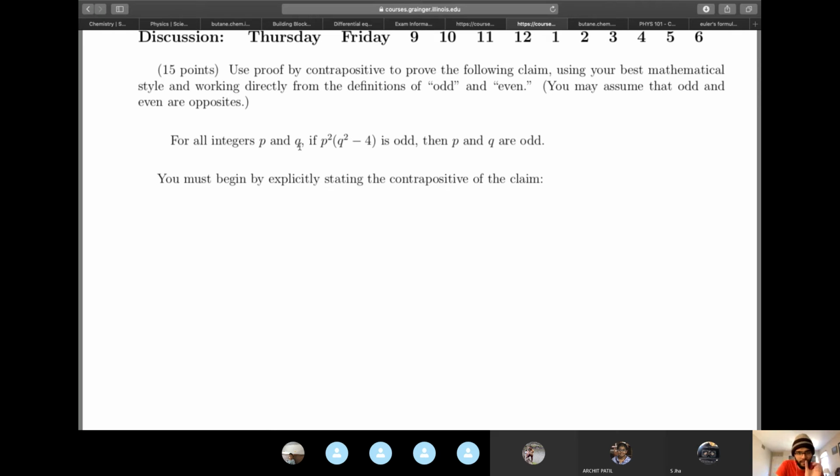Statement A is if I am hungry, statement B is I will eat food. Then the negation of statement B, which means if I am not eating food, should imply the negation of statement A, which will be then I am not hungry.